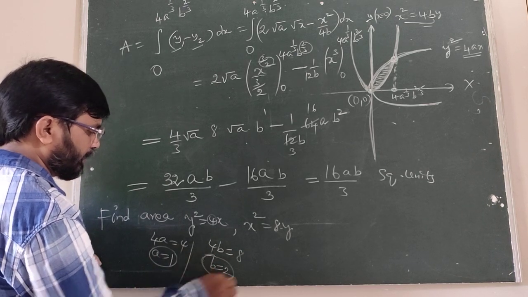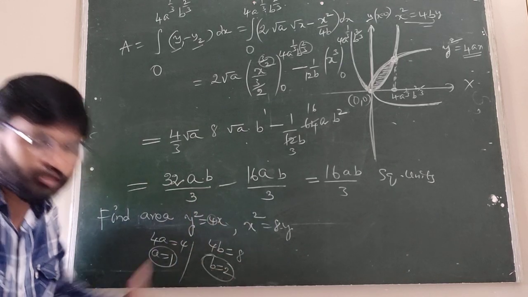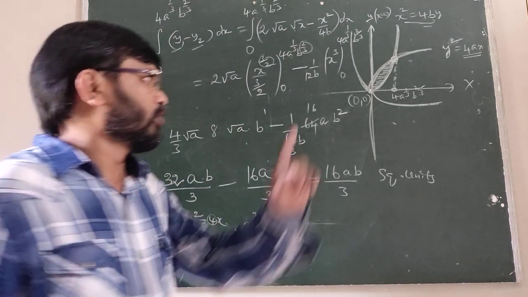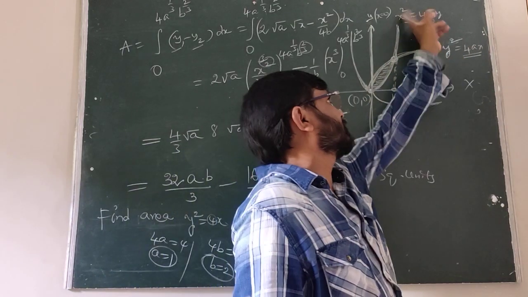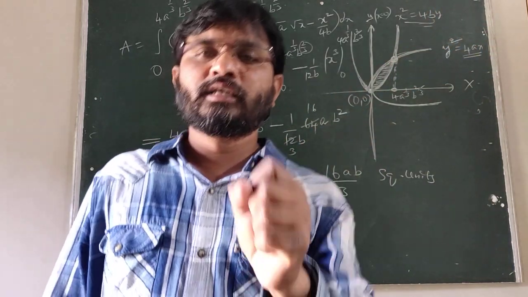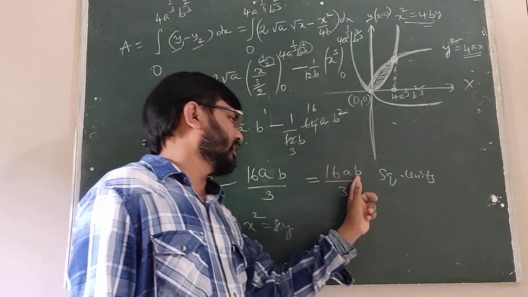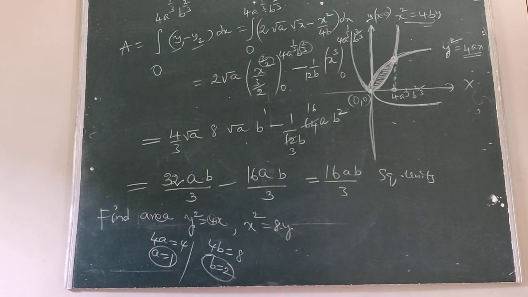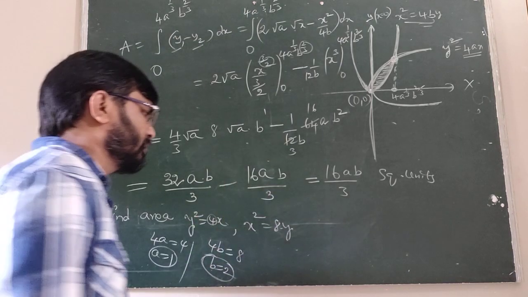Therefore, when you know the formula, directly you can substitute in that. The area enclosed by the curves y square equal to 4ax and x square equal to 4by, just now we proved that it is 16ab by 3. Therefore, these two values are substituted in that.